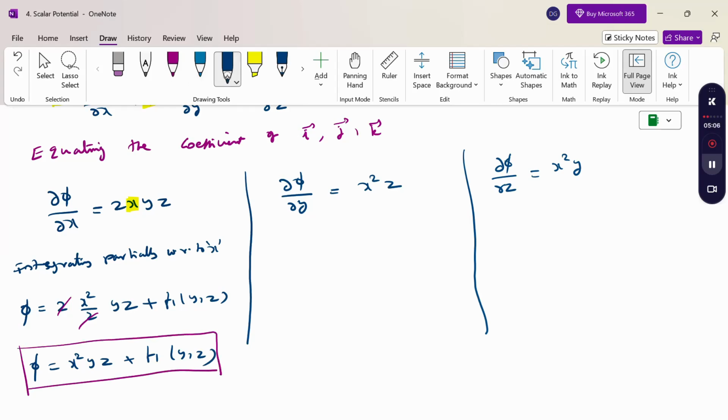The next term, again integrating partially with respect to y. Here x square is considered constant. Therefore moving dou by dou y to the right hand side, integration gives y plus f2 of x comma z.